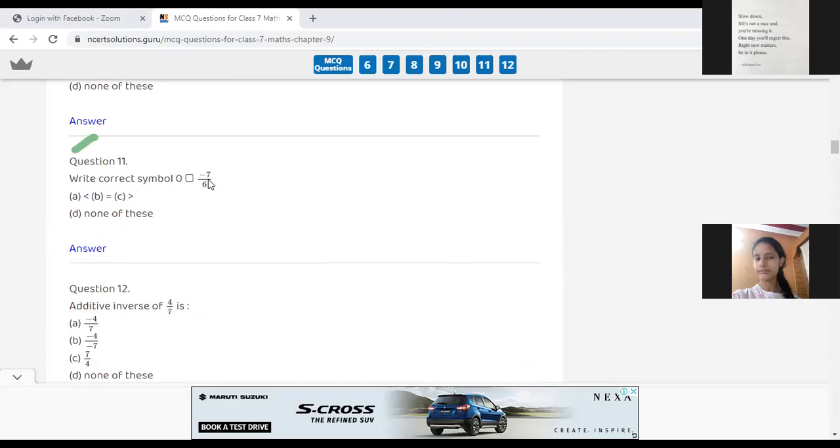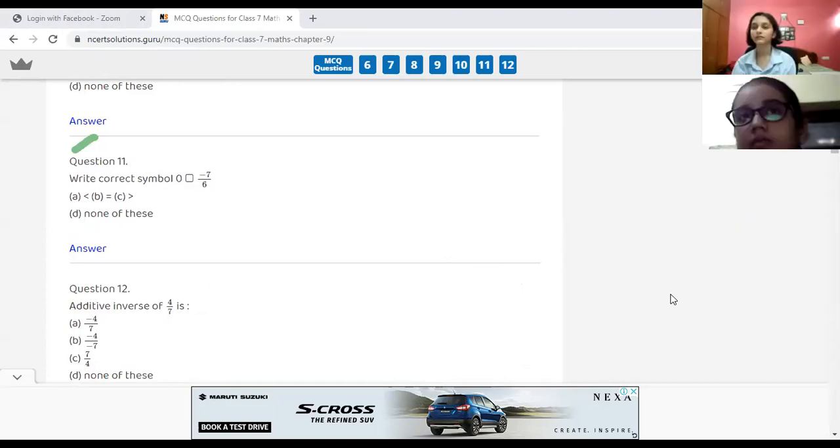Write the correct symbol: 0 and -7/6. Yes, Akshita, very good. Ma'am, C option. Yes, 0 is greater than -7/6. 0 is neither positive nor negative, but -7/6 is negative, so obviously 0 is greater.